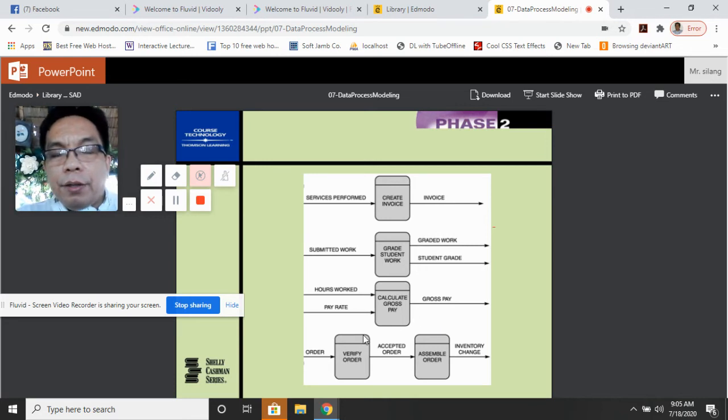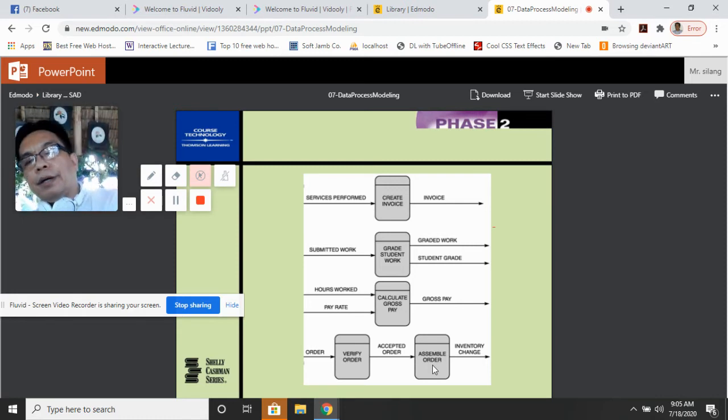And in this example, we have a sequence of processes and data flows. The order will be our input. Once we have the order, we can verify the order. Once we verify the order, the output will be an accepted order. Once we accept the order, we can assemble the order.